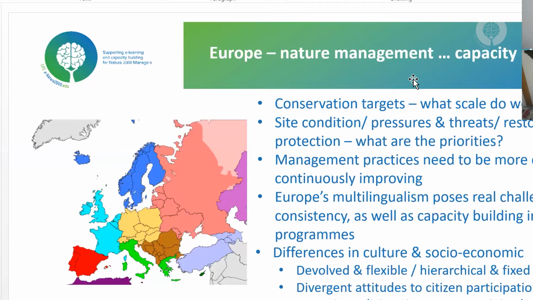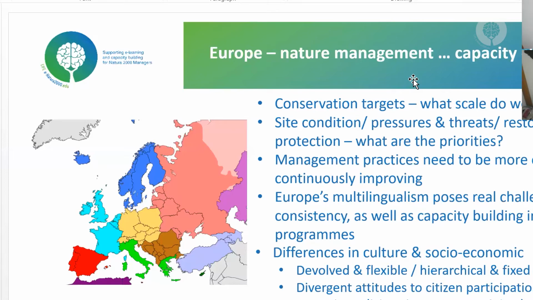But then within Europe, as a specific challenge, we have to take into account the multilingualism of these 225 languages that are spoken within our continent. And they pose real challenges in a very practical sense for capacity building programs. Of course, within our course, our working language for the project for our course is English, but we have the two other courses which are working in Spanish and Romanian.